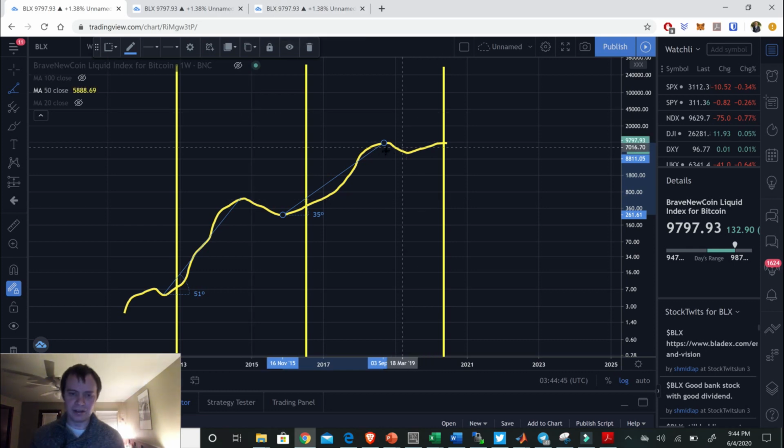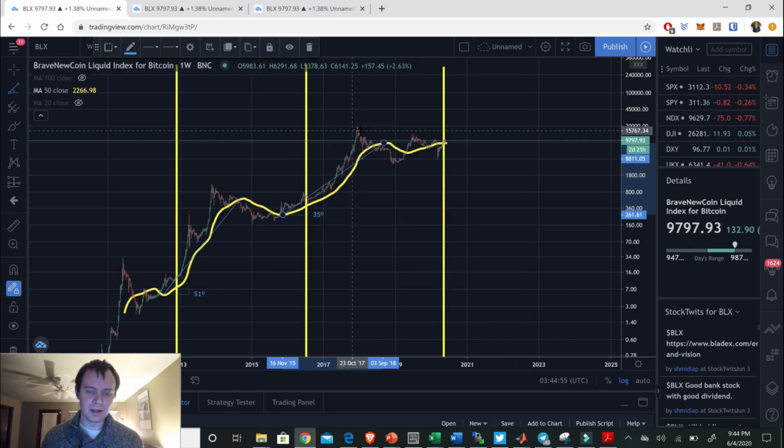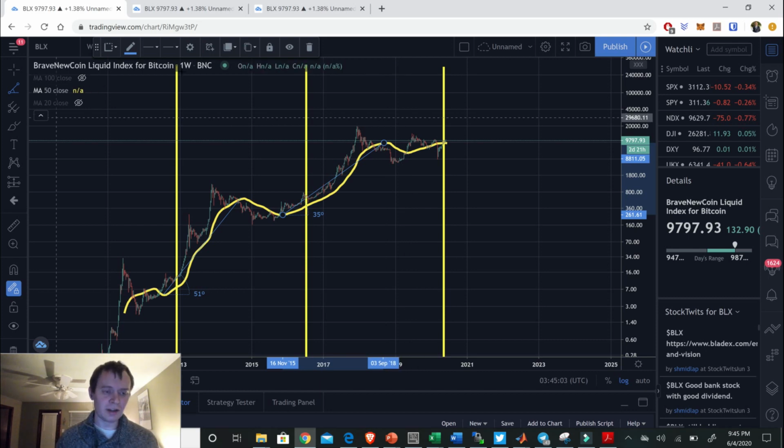Now, you'll know that the 50-week moving average does not correspond to the actual peak price, because the peak price happened well before. But it is somewhat interesting to see how much lower the angle was, in terms of it took us a lot longer to get to the next cycle peak.